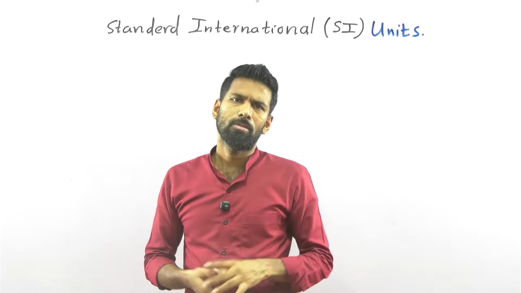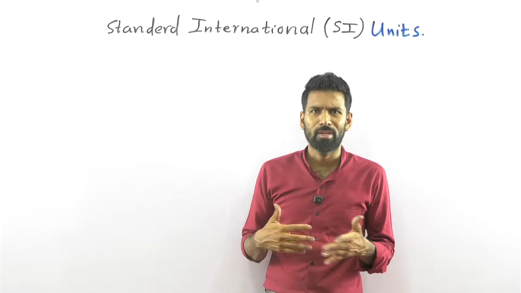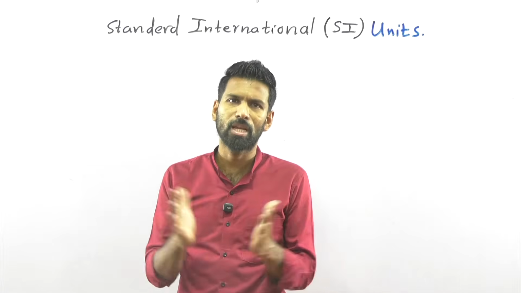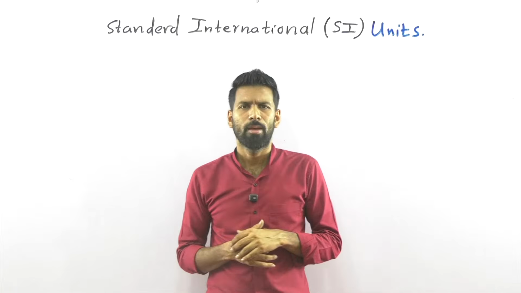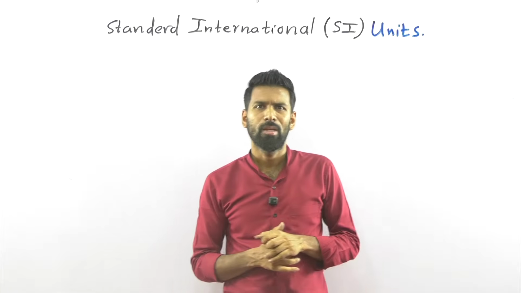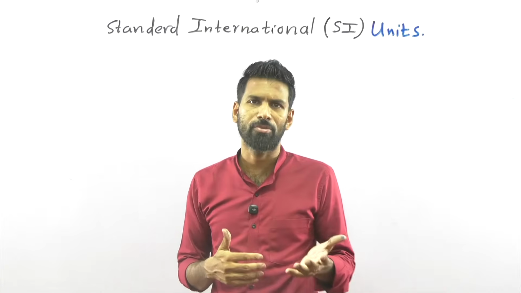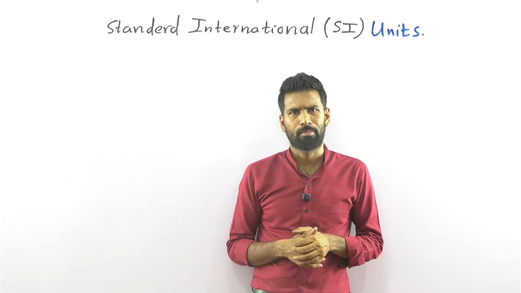Okay. Now, what is our point? Even though the British system and the CGS system are good, still they were replaced by a single unit system common to the world. And it's easy to work now. And I want to tell you this thing. These SI units, Standard International SI units, were brought to the arena in the 1960s.